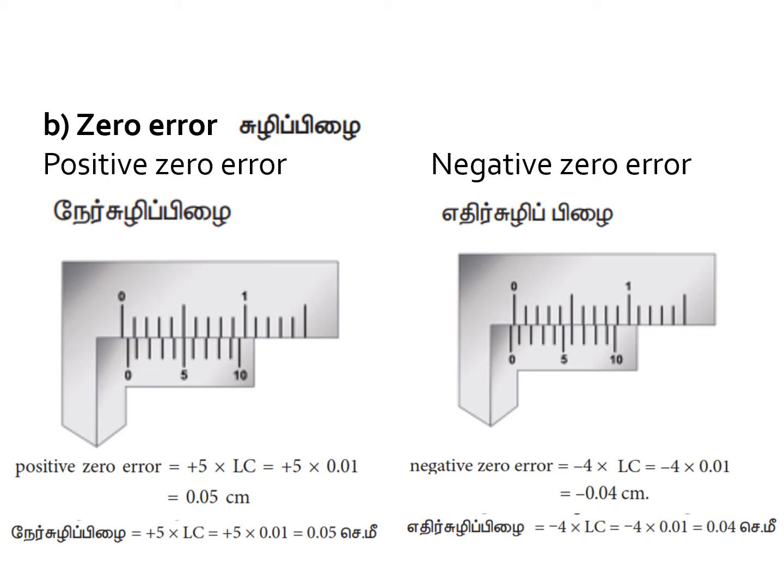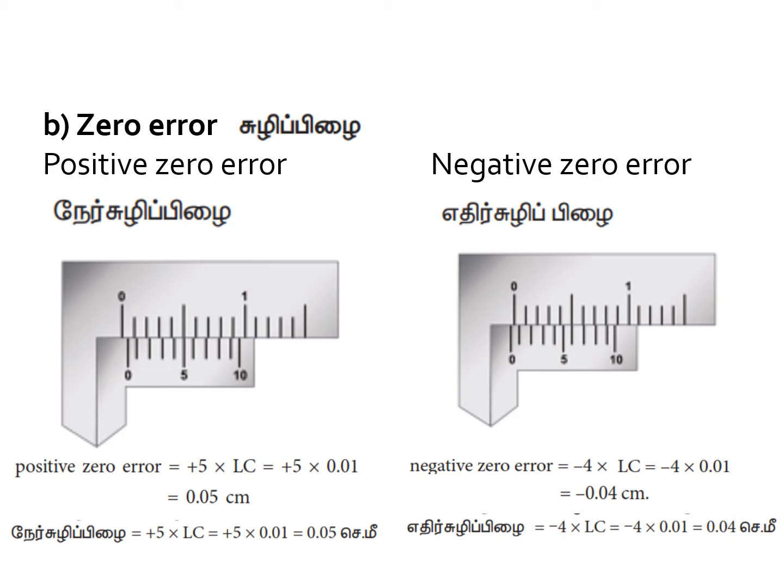Positive zero error. In this figure, you can see the positive zero error. From the figure, you can see the zero of the vernier scale is shifted to the right of the zero of the main scale. In this case, the reading will be more than the actual reading. Hence, this error should be corrected. In order to correct this error, find out which vernier division is coinciding with any of the main scale divisions.